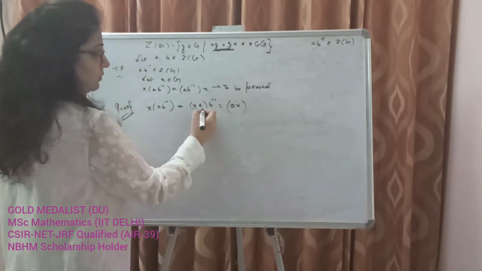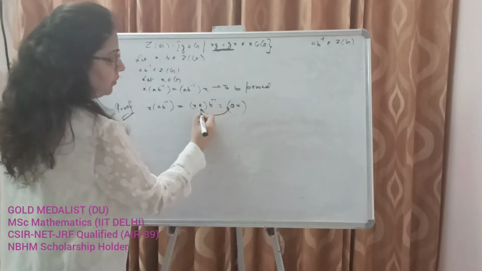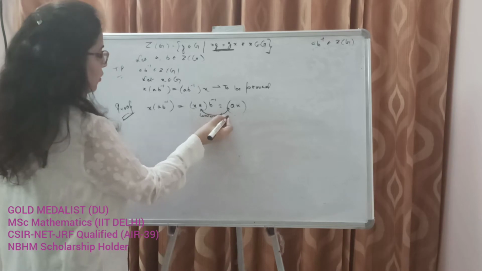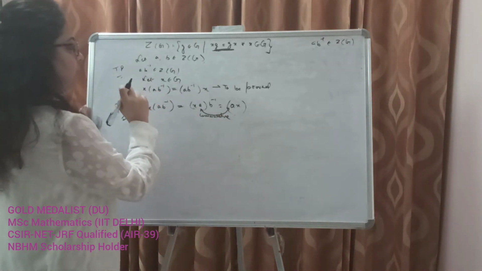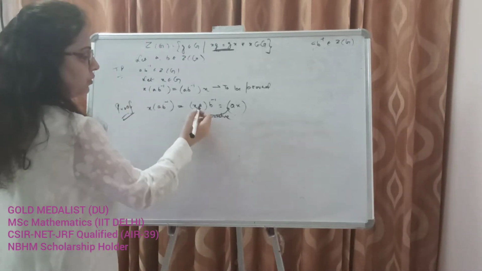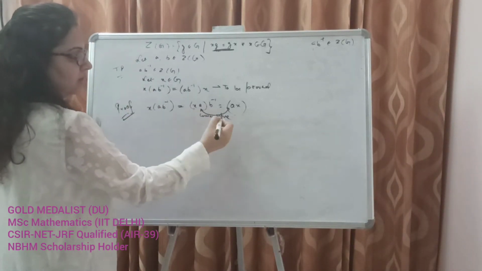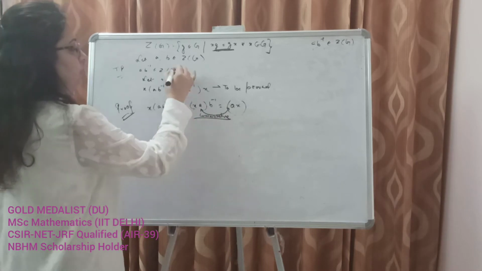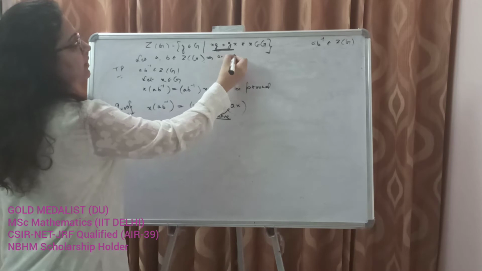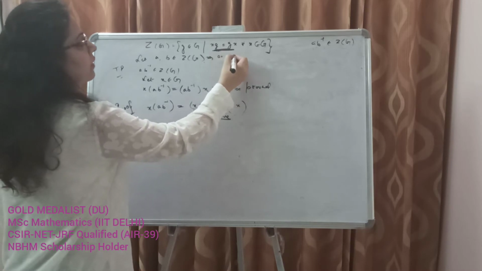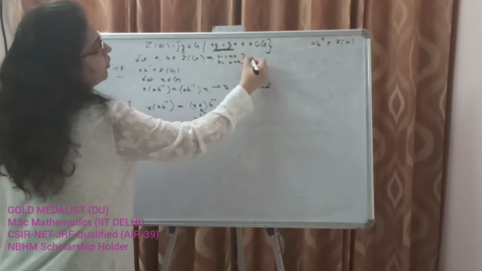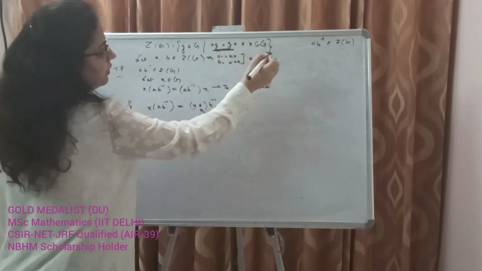And also here we have applied commutativity, because A and B belong to the center of the group, so they will commute with x. Because A and B belong to Z(G), it implies Ax equals xA and Bx equals xB for every x in G, right?